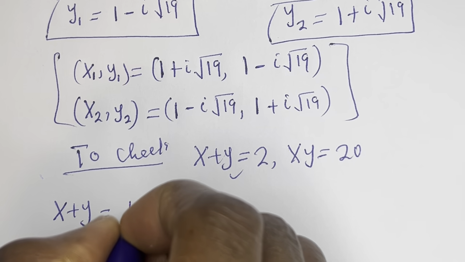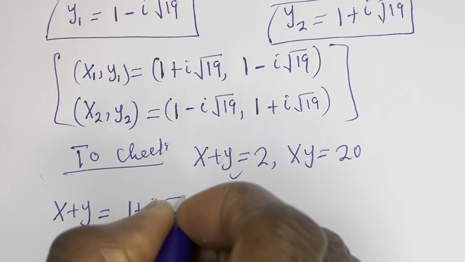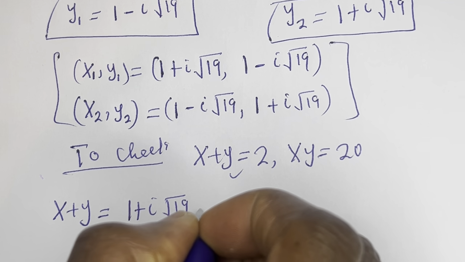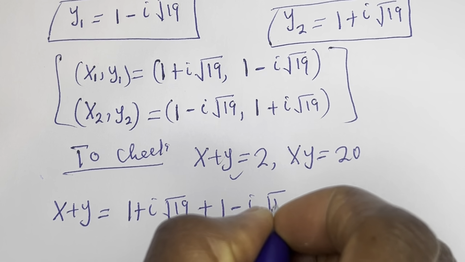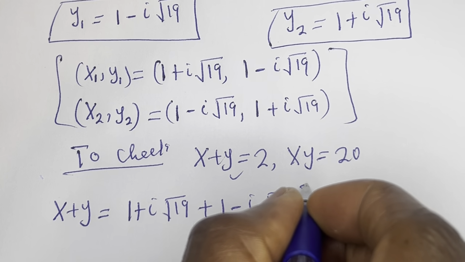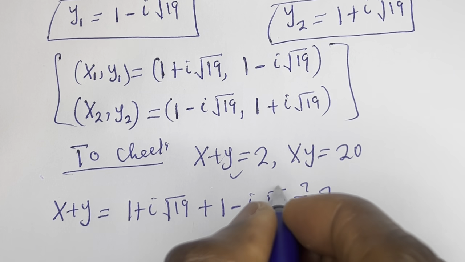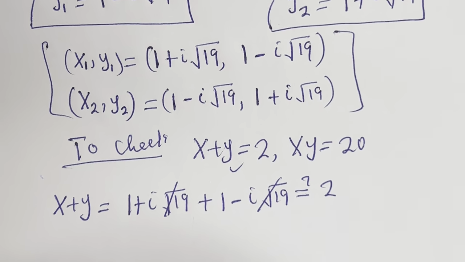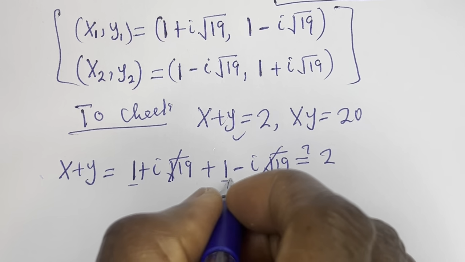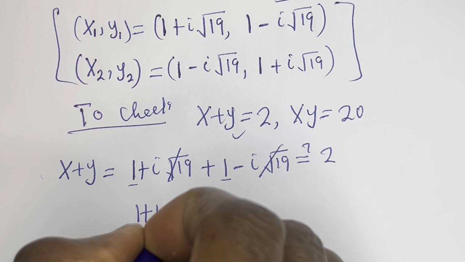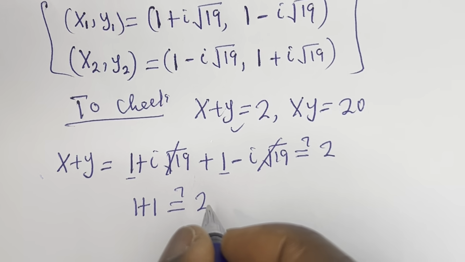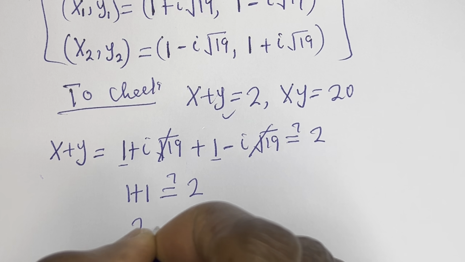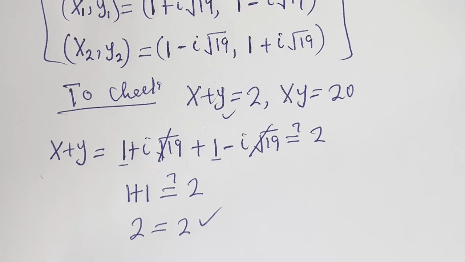We have 1 plus i square root of 19 plus 1 minus i square root of 19 must be equal to 2. This will cancel this. Here is 1 plus 1, which is 2. Then we have 2 is equal to 2, which is true.